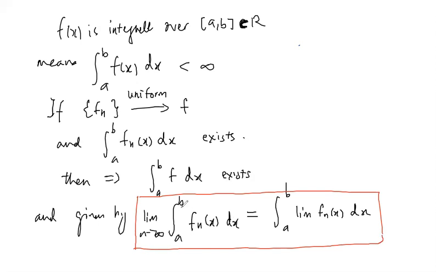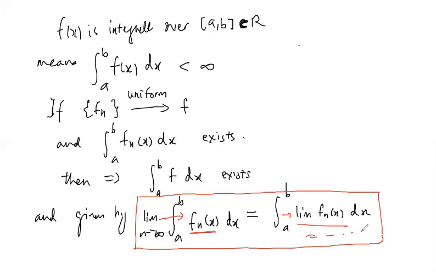You have some integral, and you're interested in an integral where this function here is dependent on n. If you let n go to infinity, what will happen to this integral? If you have not studied much calculus, a lot of people will just move the limit sign inside and then do the calculation.